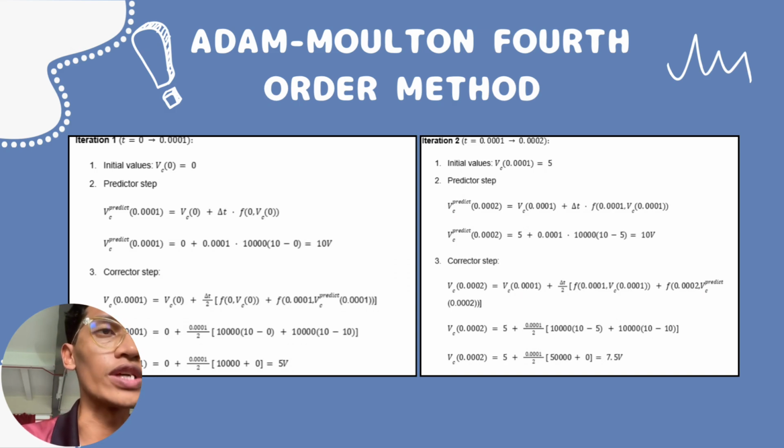Iteration 2: t equals 0.0001 becomes 0.0002. The initial value is VC(0.0001) equal to 5.